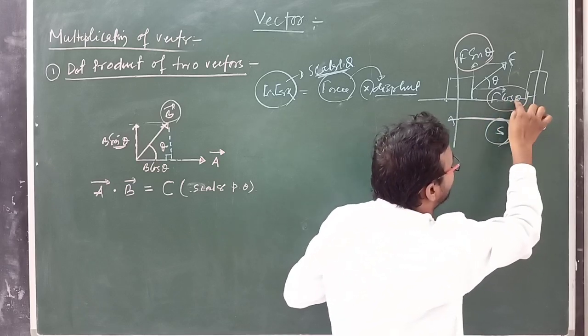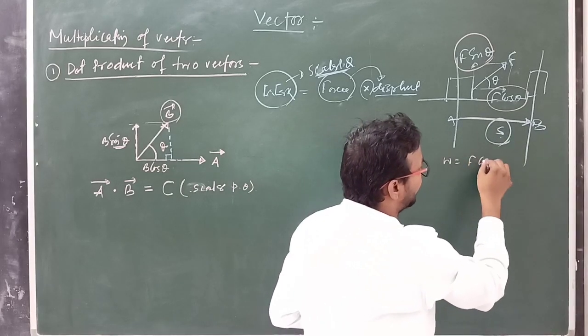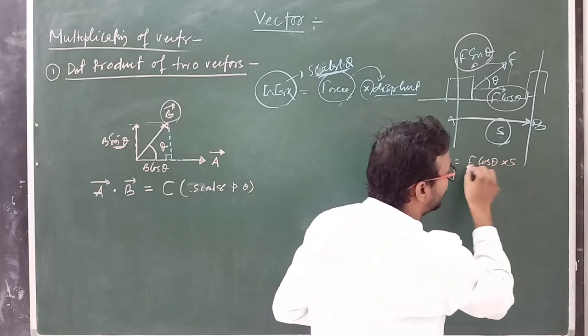So here F cos theta and S give the work done. So work done we can write as F cos theta into S.